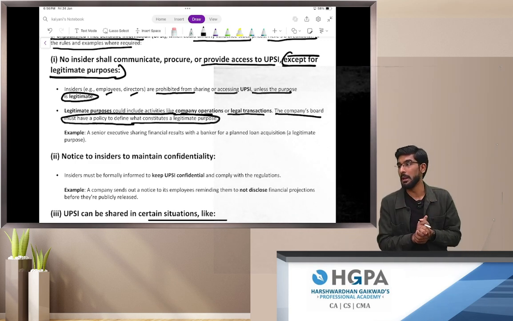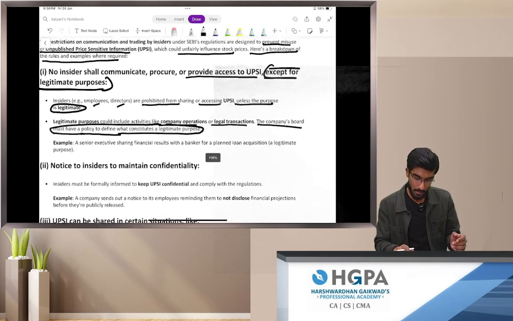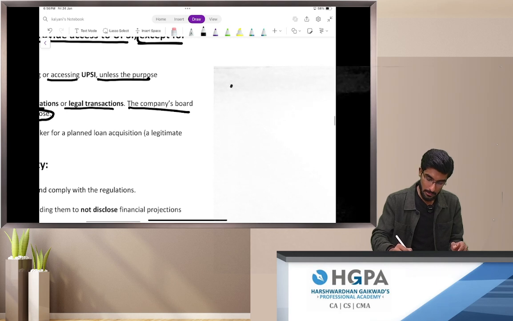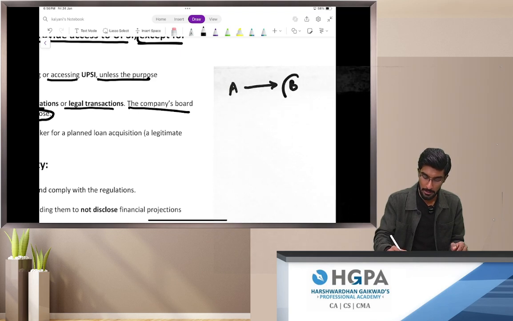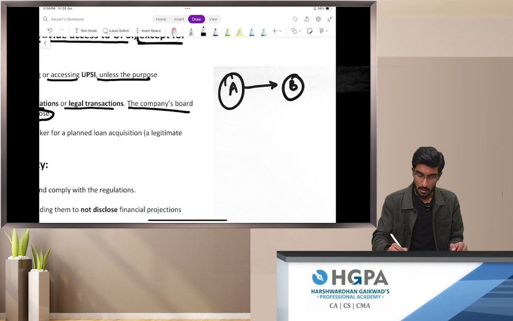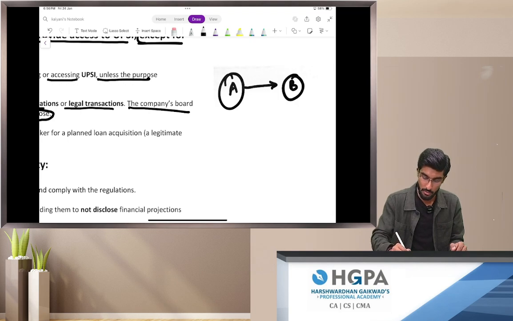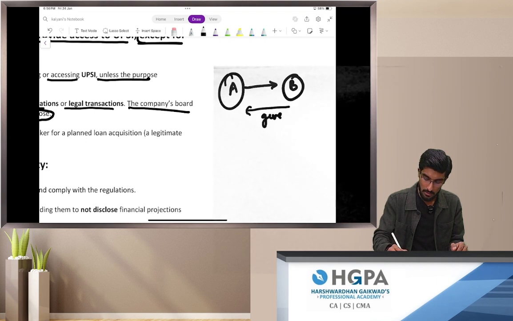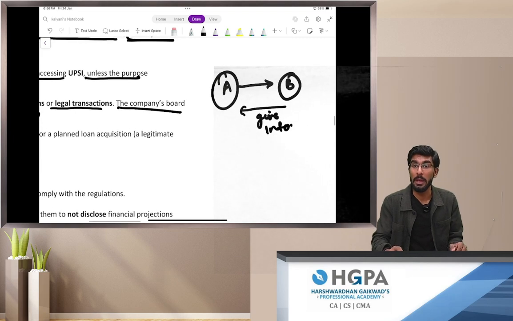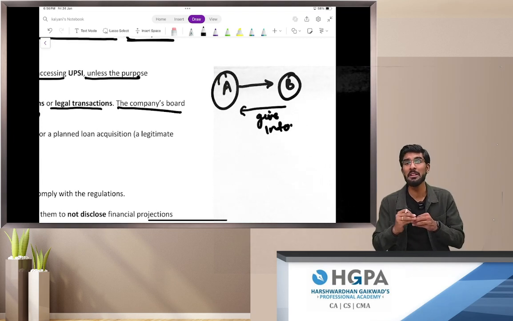For example, people, let's say A company is going to acquire shares of B company. Before this transaction takes place, B company wants to give information about B company to A company so that the transaction can happen smoothly.